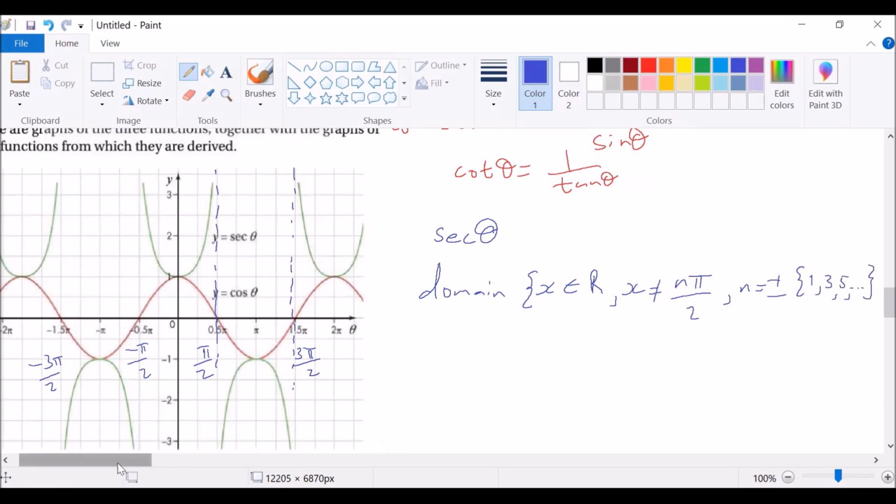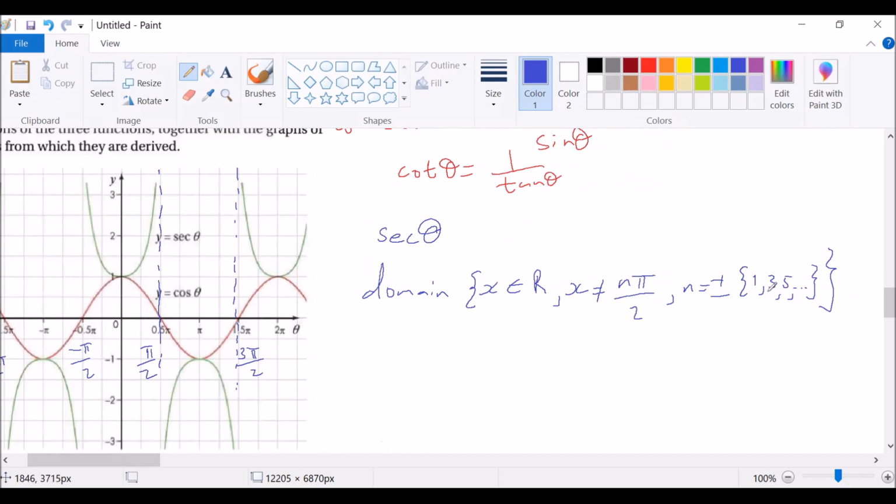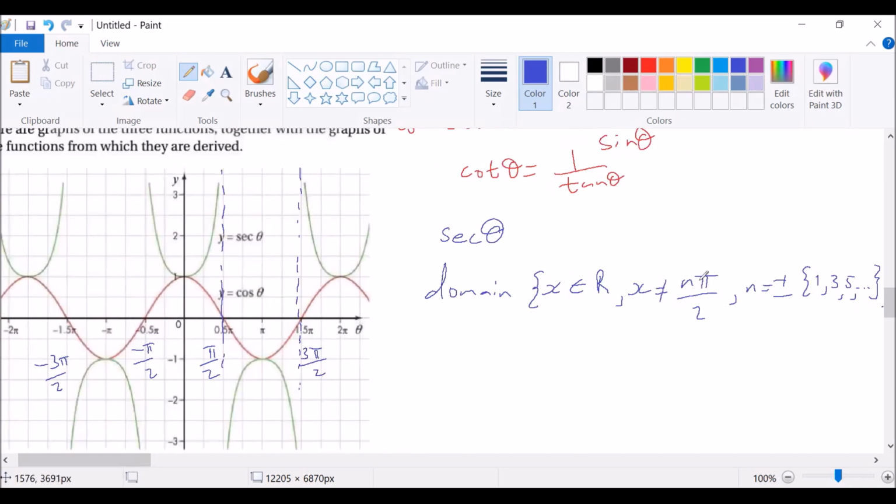So we are looking at negative and positive odd multiples of pi over 2, which are not included since these are asymptotes. The graph is undefined at these points, but any other value will do.